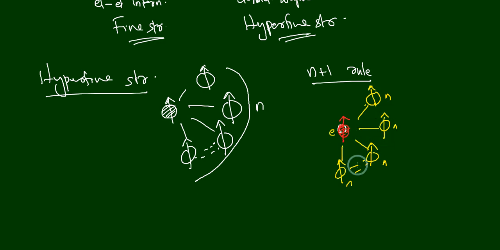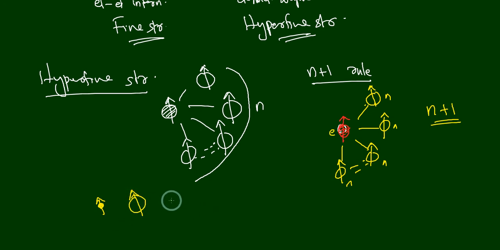If n nuclei are interacting with the electron under consideration, the splitting in the ESR spectrum will be n plus 1, same as in NMR spectroscopy. If you are considering one electron, and that electron is interacting with one nucleus, then what will be the split pattern?